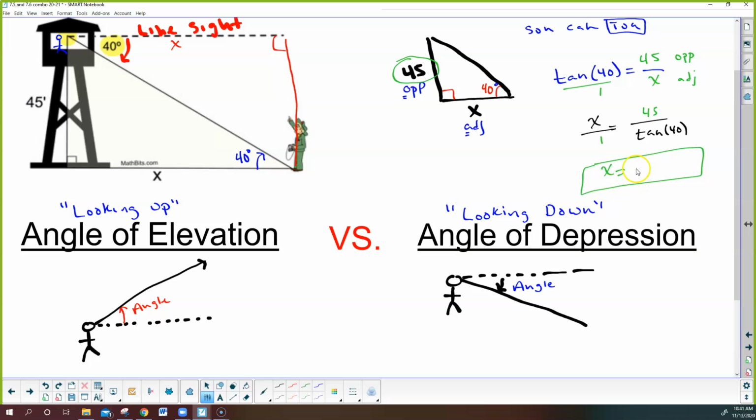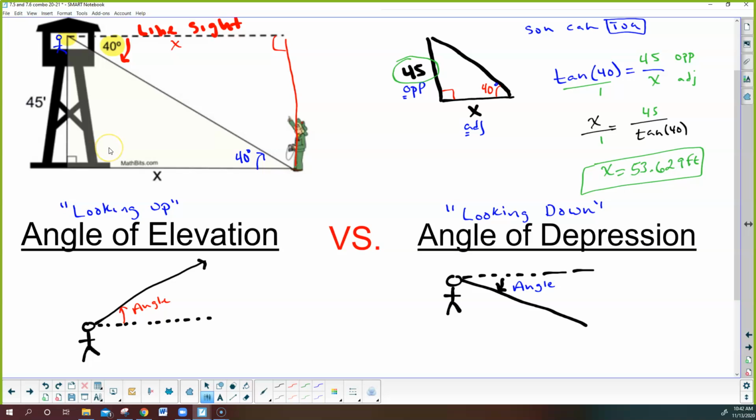And I know I'm running out of time, so I went a little fast on that. And then since this is referring to feet, because the tower was 45 feet tall, the ranger is 53.629 feet away from the base of the tower.